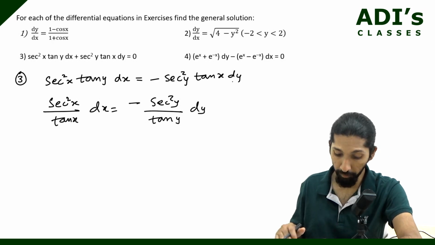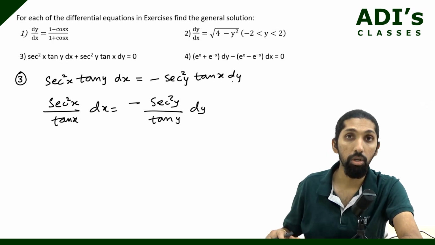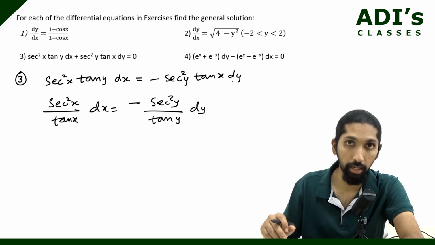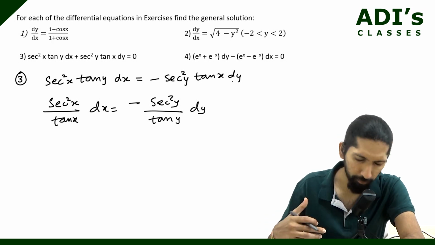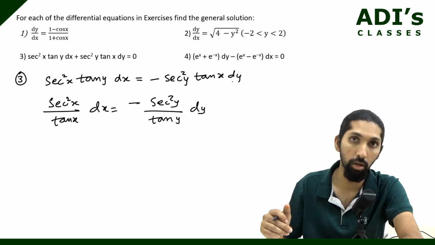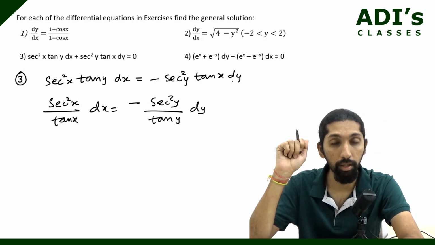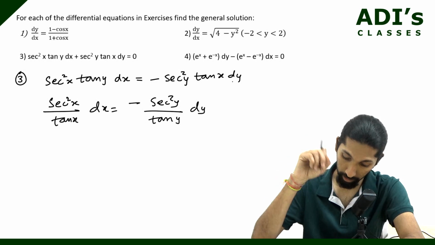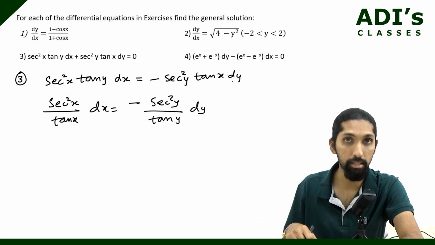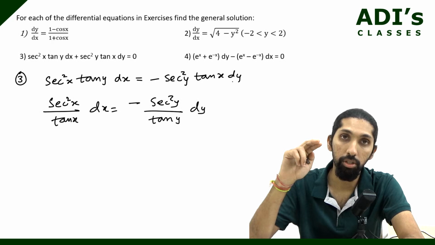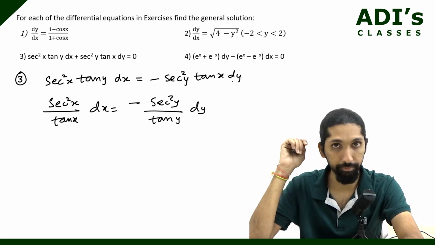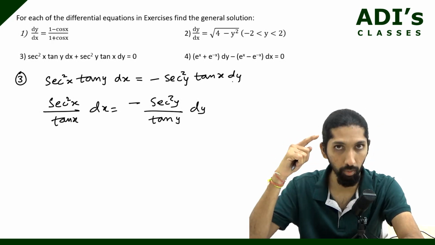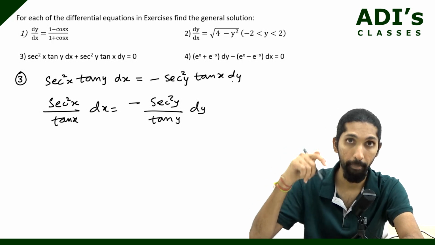Now you need to simplify this. Now we will start to use different trigonometric functions to solve this one. So the first thing we are going to do here, see that secant square x is there, correct? Now you can change it into 1 plus tan square x. That is going to be one way of solving it. All right.